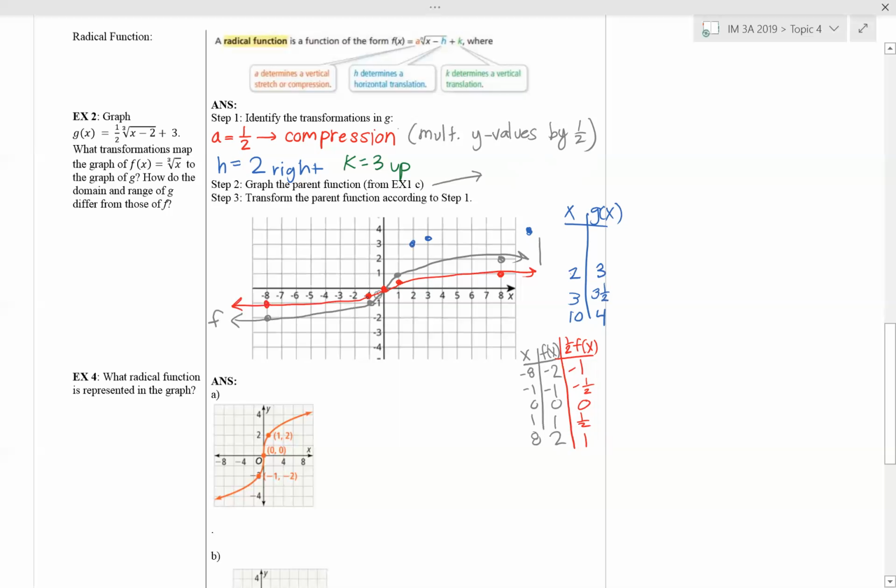And then at -1, -1/2, we're going to go to the right 2. So we're going to be at +1, and then up 3. So we're going to be at 2 1/2. So 1, 2.5. And then finally, we're going to move the point -8, -1, right 2. So we're going to be at -6, up 3. We're going to be at -6, 2. So our graph now looks like this with those transformations.